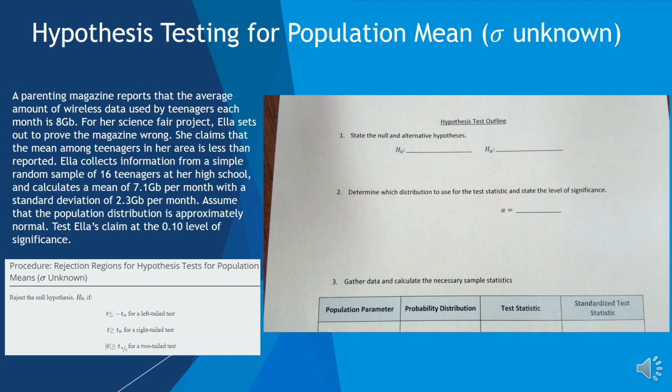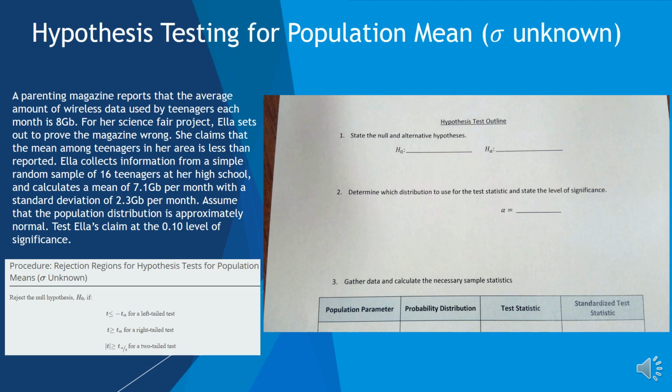Let's calculate our test statistic t. t is equal to x bar minus mu, over the standard deviation. It's always value minus mean over standard deviation. Here the standard deviation is s divided by the square root of n, which comes from the central limit theorem.